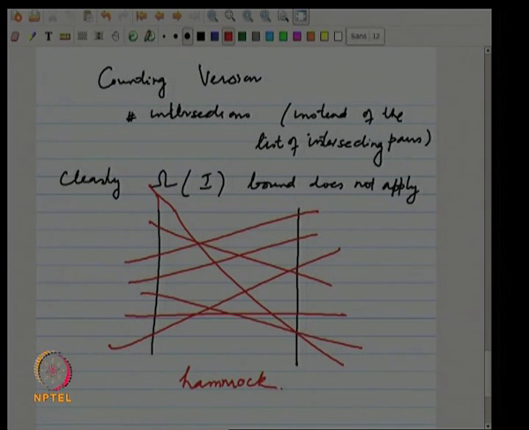Now I am interested in this particular problem, the counting version. I want to know how many intersections occur within this vertical slab. This is my slab.